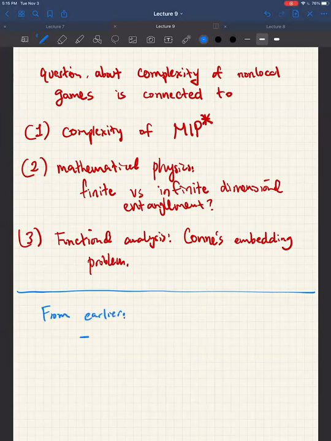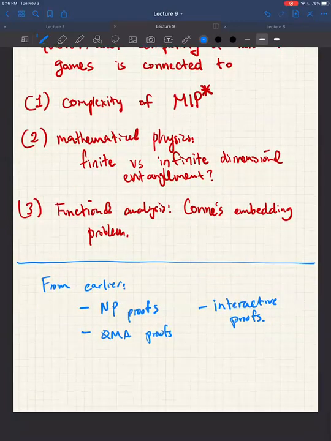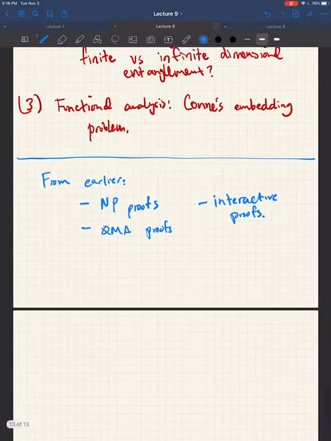We talked about NP proofs, which are deterministic, classically verifiable proofs. QMA is quantum proofs. There are also interactive proofs, and that's what MIP star falls into.